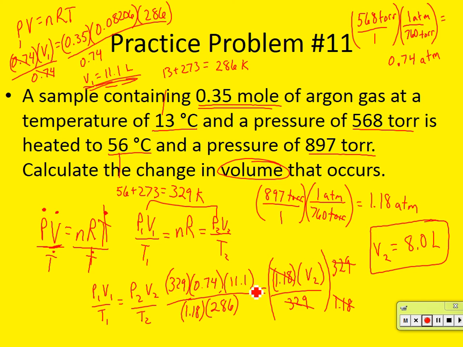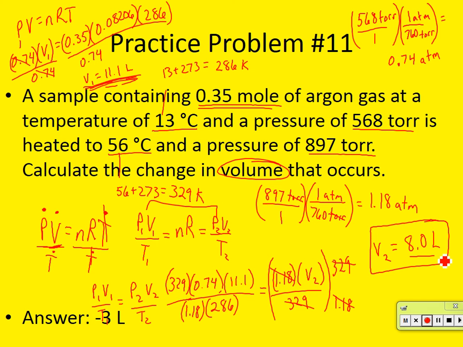Let's see if we did it right. The answer is a minus 3 liters. Oh, it wanted the change in volume. So if we were initially at 11 and our final volume was at 8, what's the change? -3. Yeah.